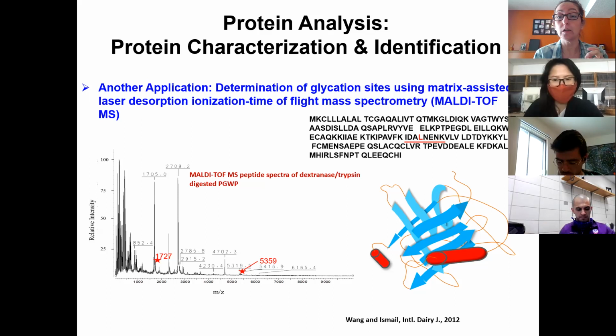And the location of that lysine was very unique in the structure of whey protein that prevented the protein from being easily denatured and susceptible to unfolding. So that was a very nice piece of information.